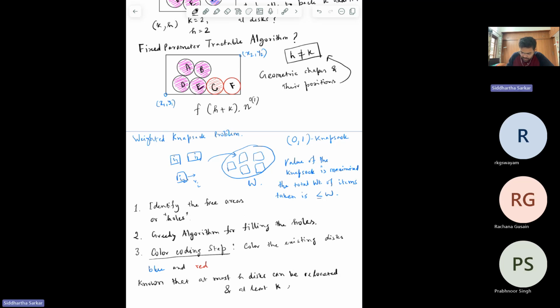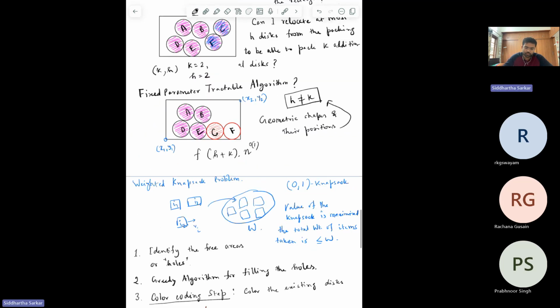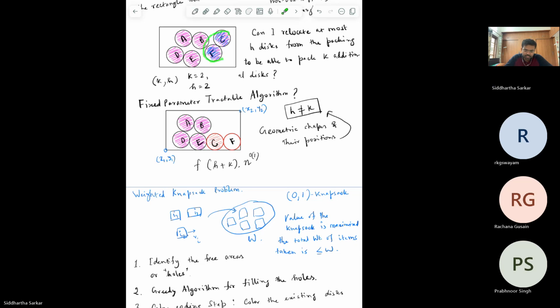K additional, extra disks are to be packed. Now they're able to do this guess of which of the given disks. N could potentially mean the number of disks in the packing plus the dimension of the rectangle. So probably there are n disks in the original packing. Out of that, you want to color at most h disks blue.